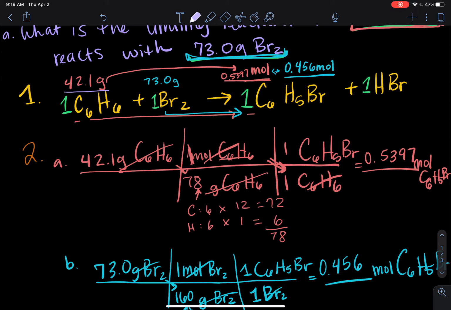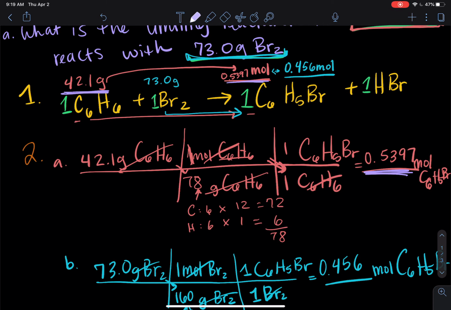If we had plenty of bromine, we could make 0.5397 moles of C6H5Br. We could make all this if we had plenty of bromine. So that was like step one. We did a mass to mole calculation using this given right here. All right, so that's how much that given would give us.